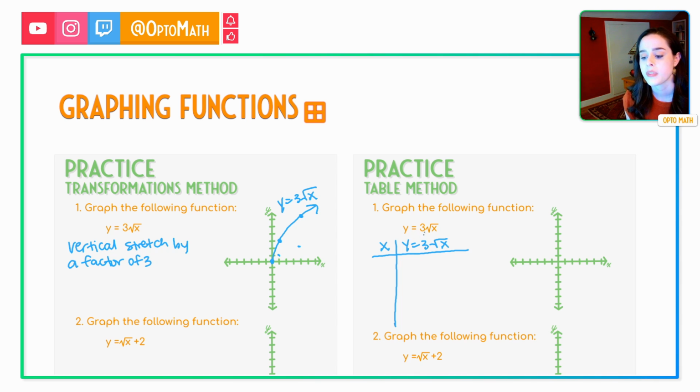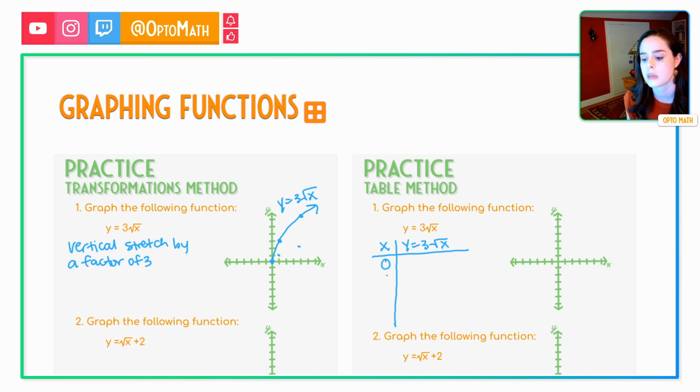So we know that this is not going to exist for any negative x values because that would be a domain danger zone. So we only need to pick some non-negative numbers. So let's pick some x values that we know are going to have nice numbers when we take the square root of them. So you kind of need to try to be smart about choosing your x values so it comes out nice for you, if possible.